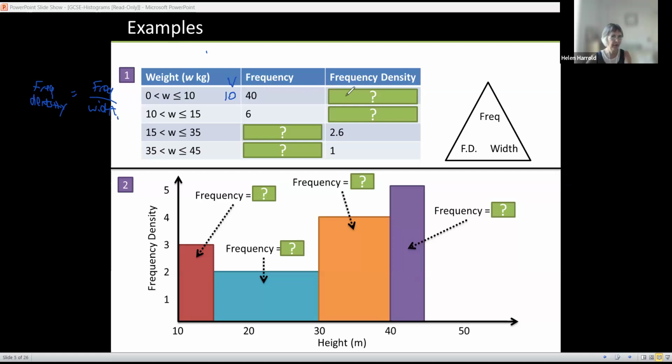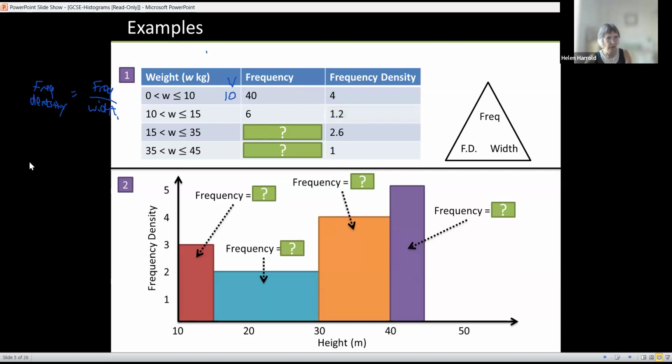To work out the frequency density, I'm going to put frequency, which is 40, divided by the 10. So it's going to be 40 divided by 10, so the frequency density is 4. This one here, I've got a frequency of 6, and the width is 5, so this time it's going to be 6 divided by 5.